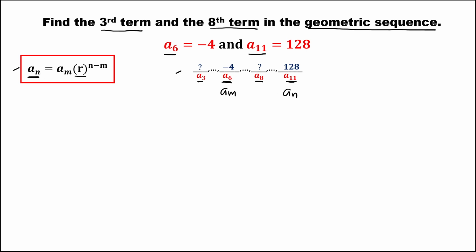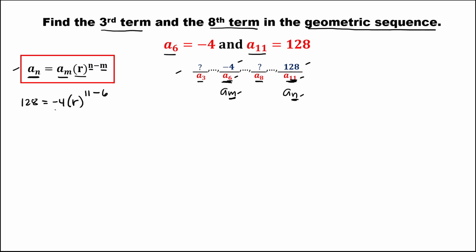For a sub n, that's 128, equals a sub m, that's negative 4, times the common ratio to the power n minus m. Since a sub n is equal to a sub 11, n is equal to 11, and since a sub m is equal to a sub 6, m is equal to 6.